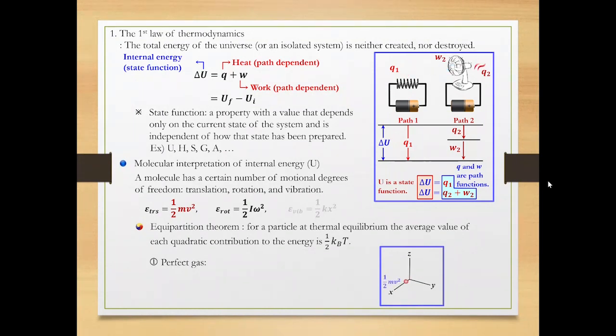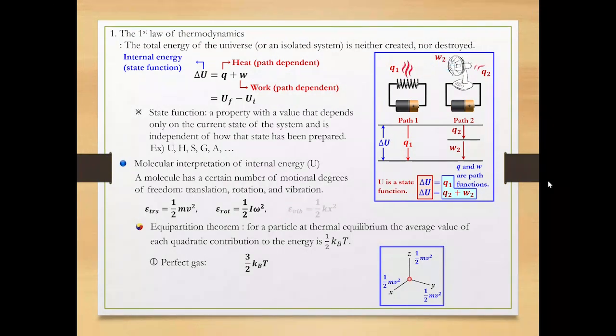The translational energy along each direction, x, y, or z, is represented by 1/2 mv squared. The sum of the energy in all directions is 3/2 mv squared, which is equivalent to 3/2 kBT based on the equipartition theorem. That is the translational energy of a single molecule.